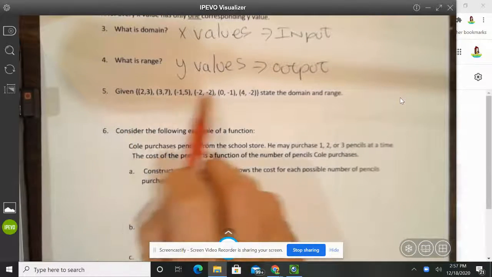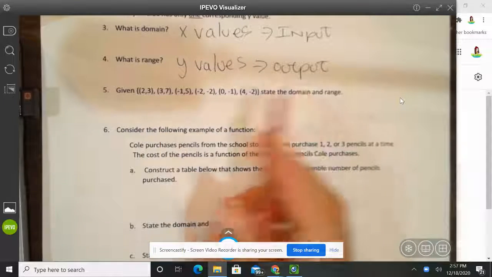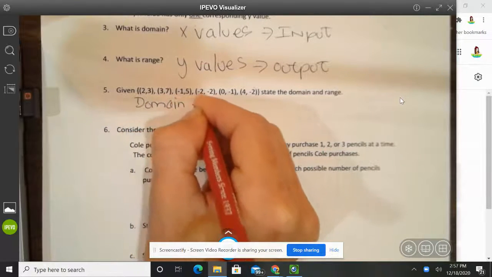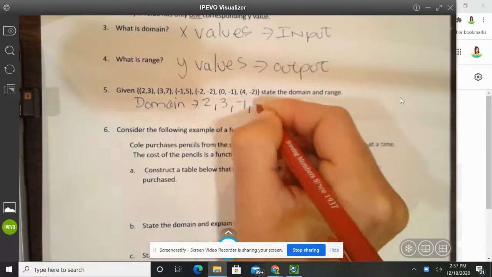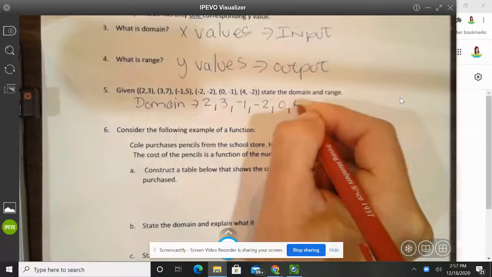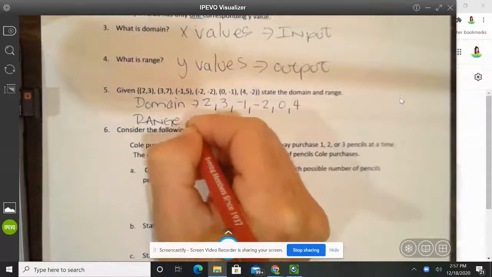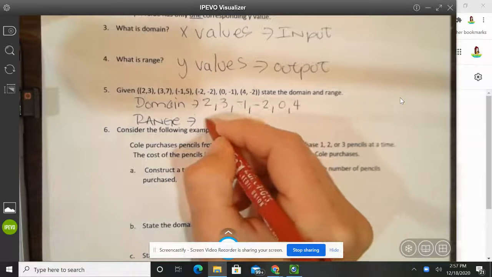Given this relation, state the domain and range. Domain are all my x's. So that would be 2, 3, -1, -2, 0, 4. And my range, it's the same thing that we were talking about when we talked about output. So it would be all my y's.